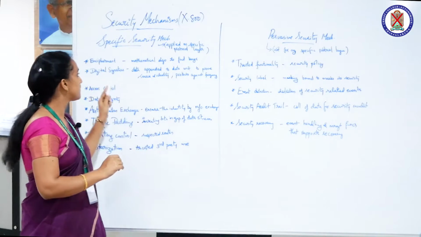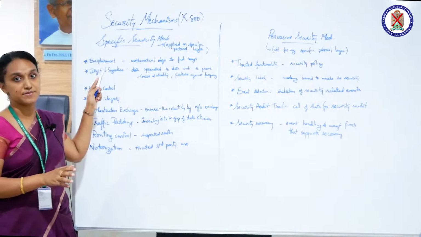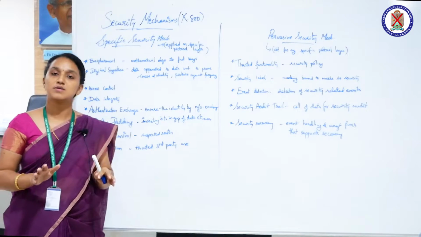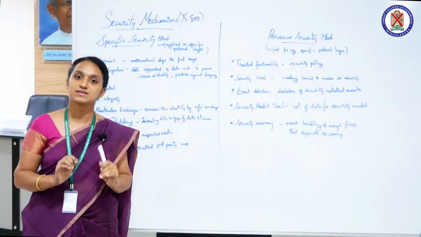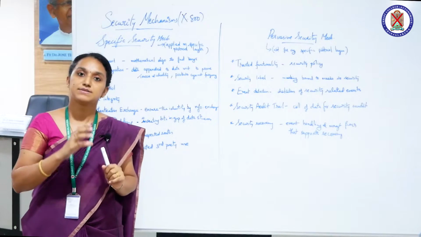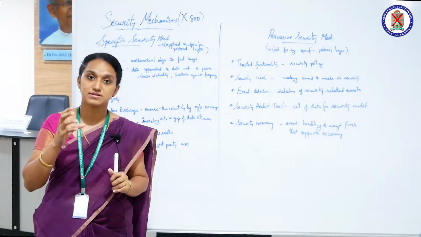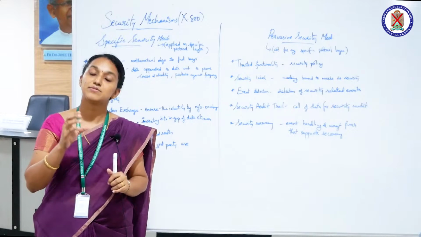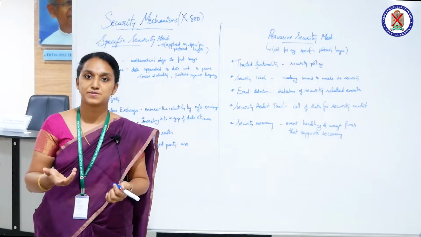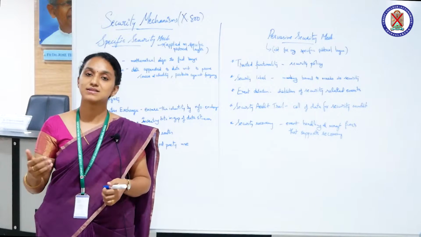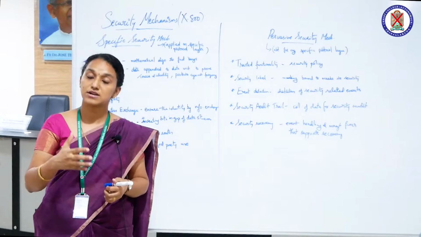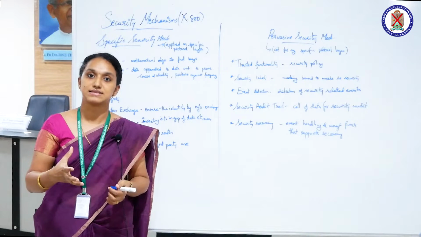Let's move on. The first one is encipherment. The most common security mechanism we use is encipherment. A message is being sent from the source to destination. So for tightening the security, the message can be encrypted or scrambled so that an opponent in between cannot read the message as it is.